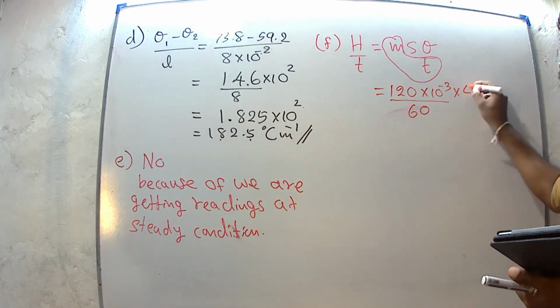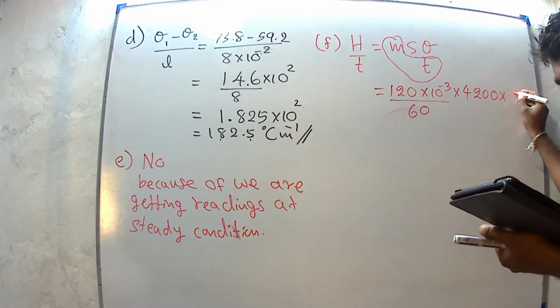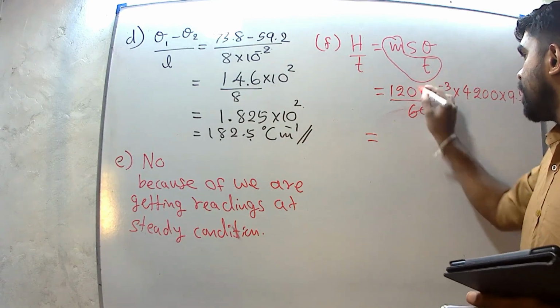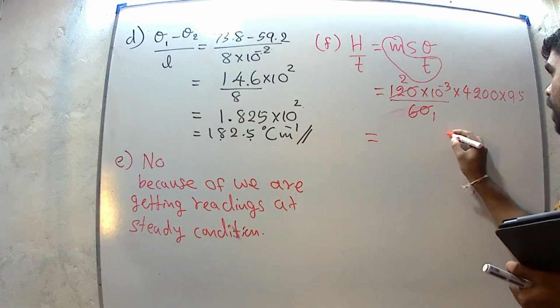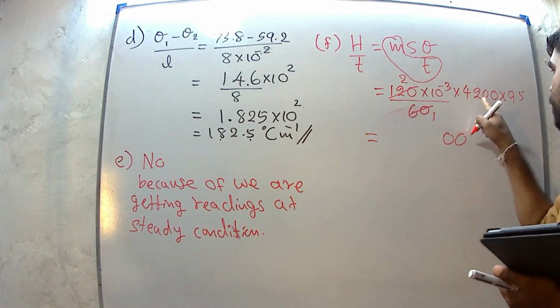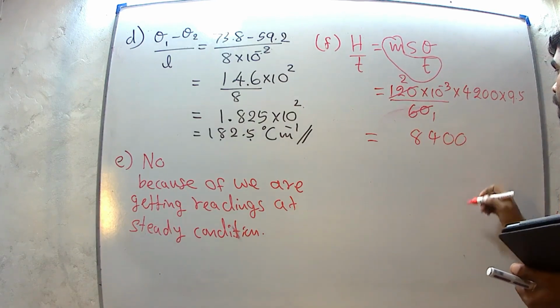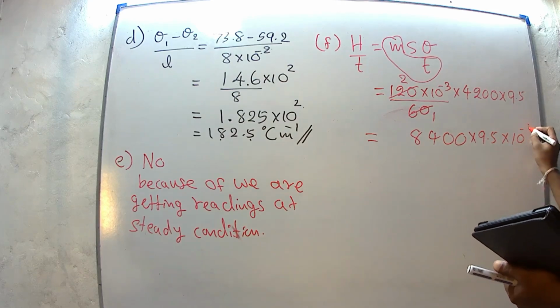Specific heat capacity 4200. Temperature difference is given as 9.5. Divide by 60. Then we can multiply. There are 2 zeros. 2 into 2, 4. 2 into 4, 8. Into 9.5 into 10 to the power minus 3.